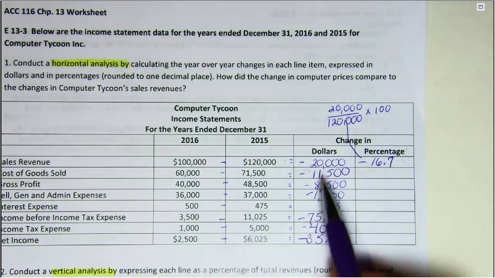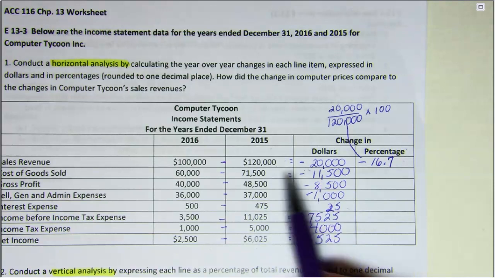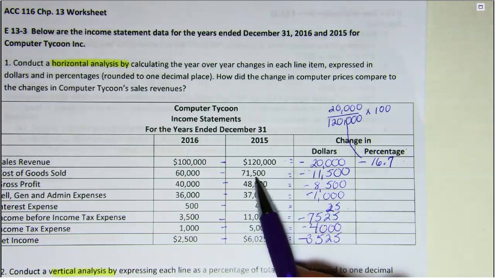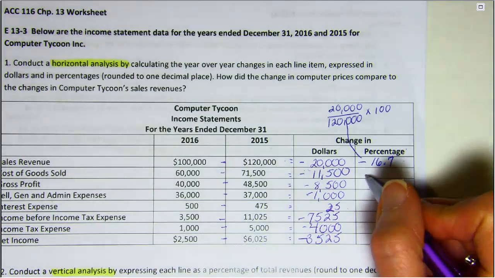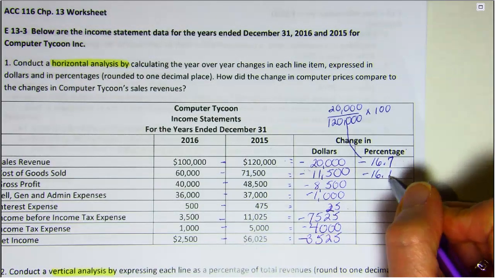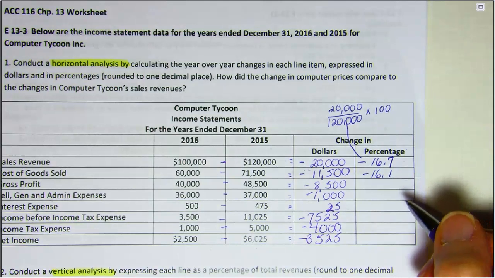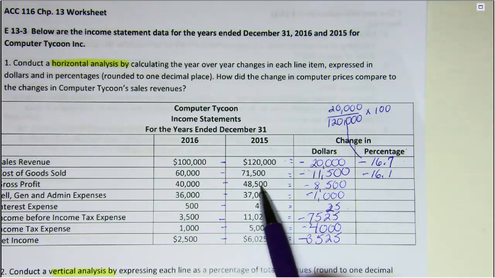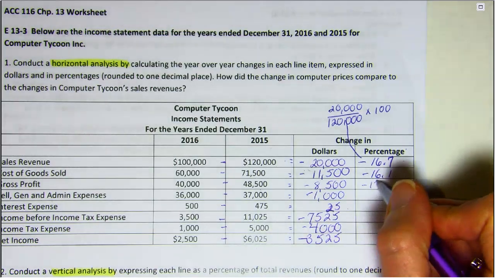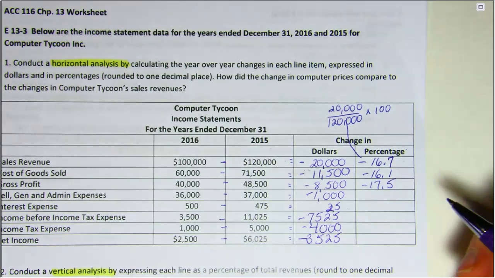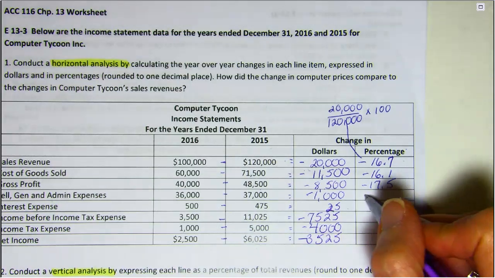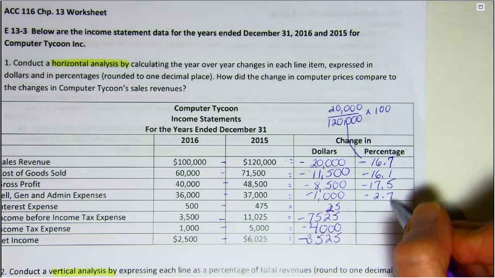And we do that with each one. 11,500 divided by 71,500, multiply by 100, and round to one decimal place. 16.1%. 8,500 divided by 48,500, then multiply by 100 and round to one decimal place, 17.5%. And we do the same for each one.